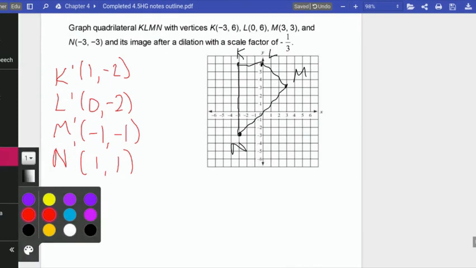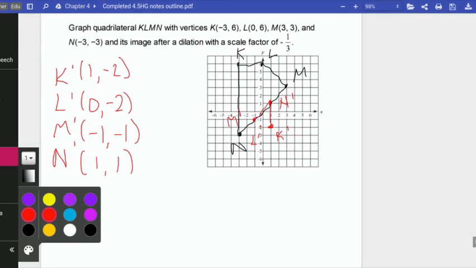So now in red, I'm going to do the reduction. So (1, -2), (0, -2). Oops, I need to label like I tell you guys. (-1, -1), and (1, 1).